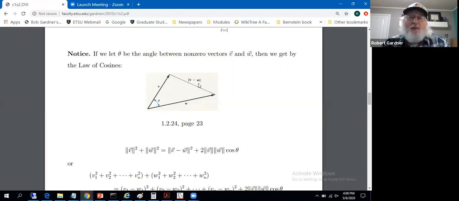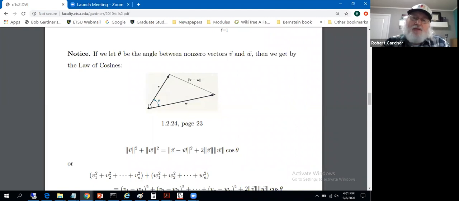So whether we take V minus W or W minus V, the norms are the same. V minus W would be a vector from here to here. W minus V would be a vector from here to here, if you'll recall the pictures from the previous section. Well, anyhow, the norm is the length of this side.